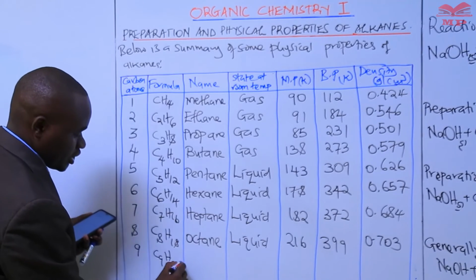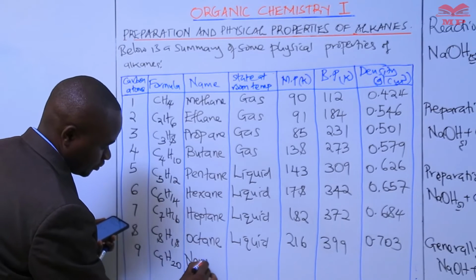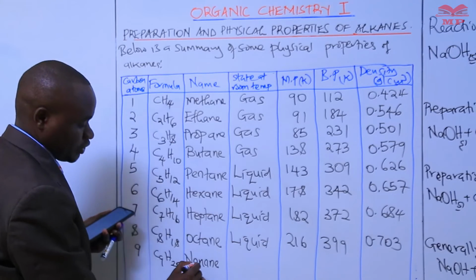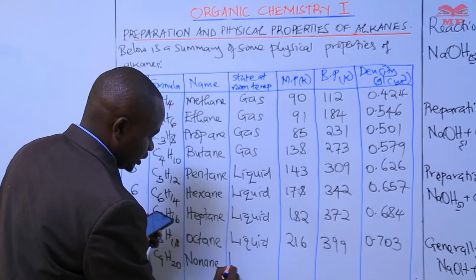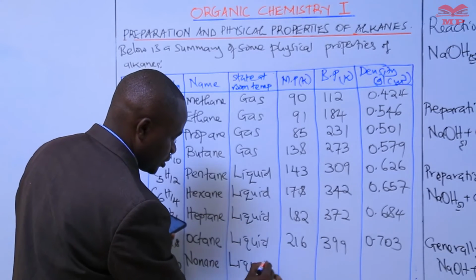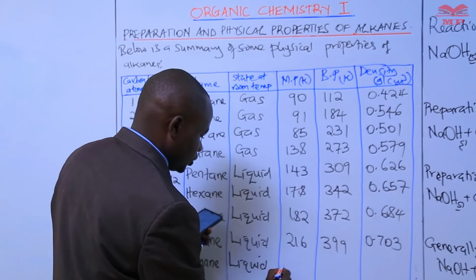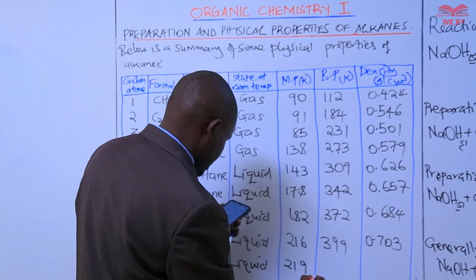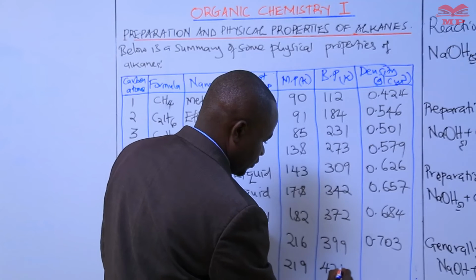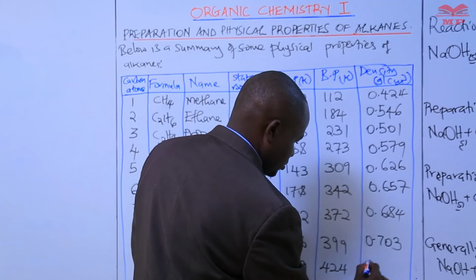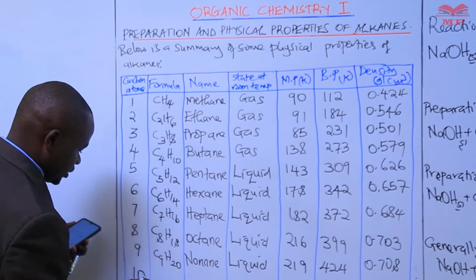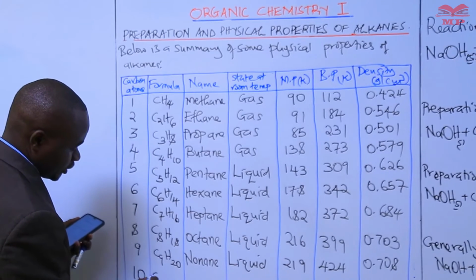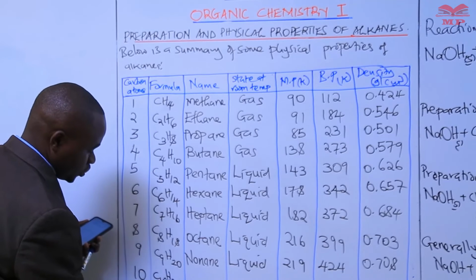Then carbon atoms 9, formula C9H20. The name is nonane. Remember the prefix and the suffix should be different. State at room temperature, liquid. Melting point 219 Kelvin, boiling point 424, density 0.708. Then lastly is carbon 10, formula C10H22.